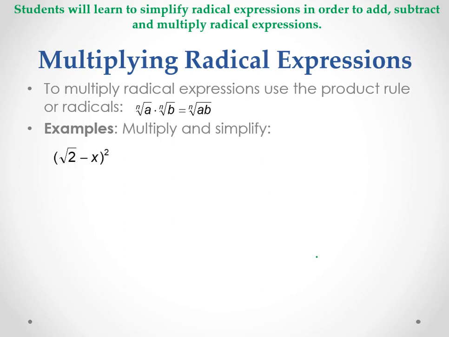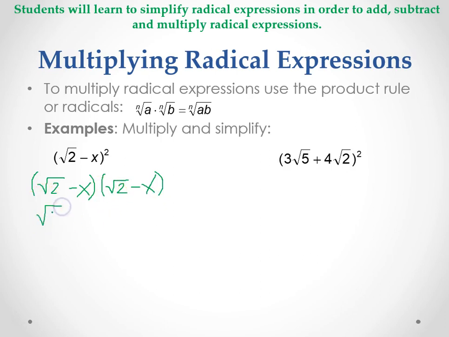And if it says the square root of 2 minus x, and that's all squared, that just means, like it did before, you're going to write it twice. The square root of 2 minus x times the square root of 2 minus x. And FOIL. So the square root of 2 times the square root of 2 is the square root of 4.